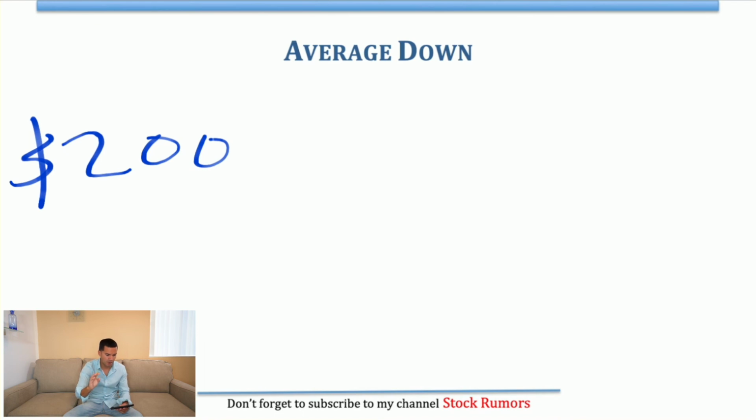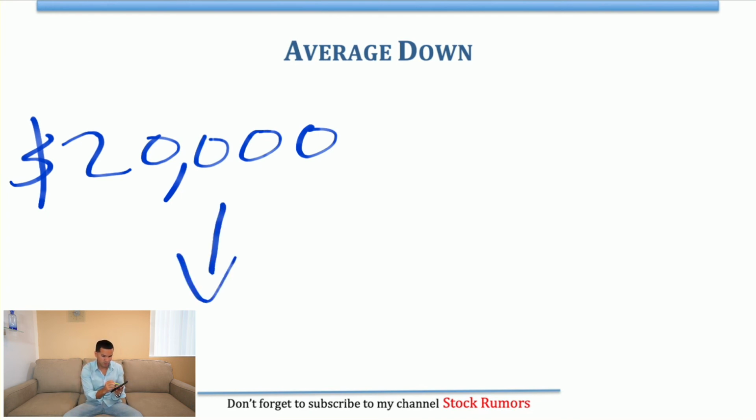Don't invest it all at once. And that could be said even if you have $2,000, even if you have $20,000. You don't want to invest it all because you could get stuck. Because if the price continues to go down indefinitely, you will have a big loss. So do not invest all your money at once.